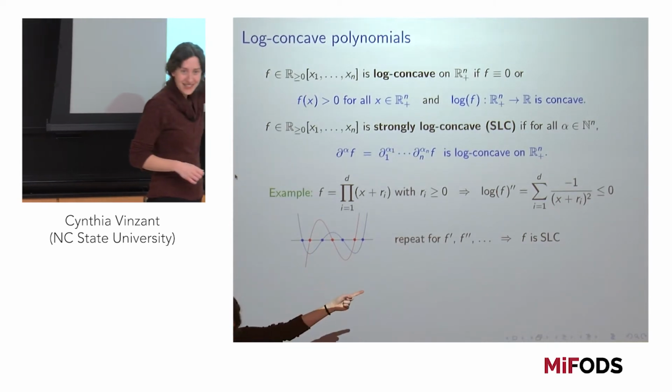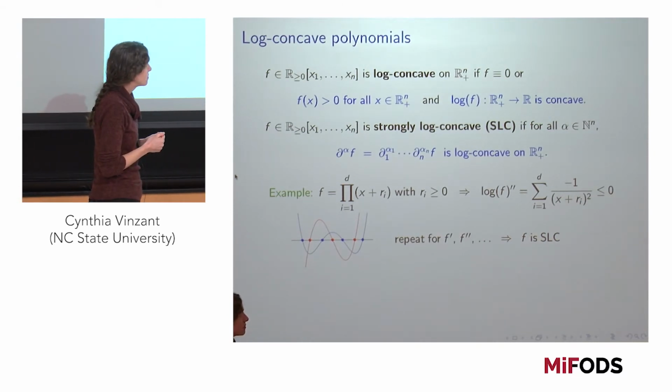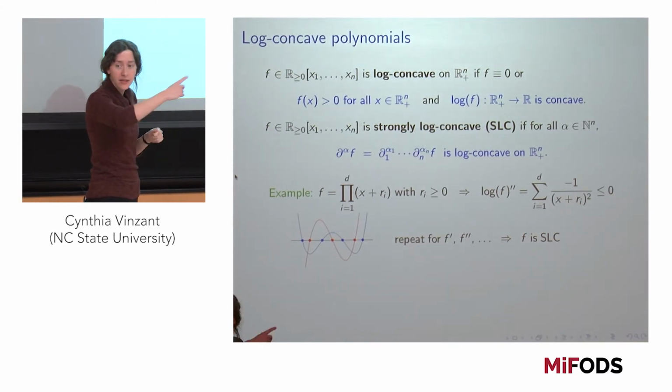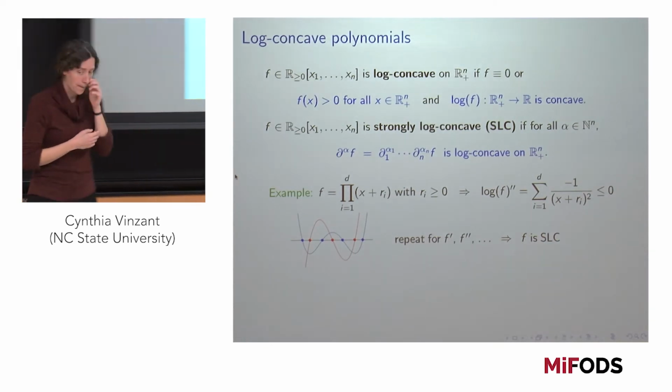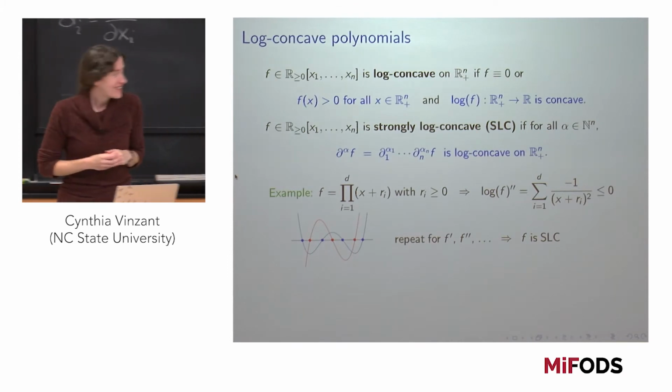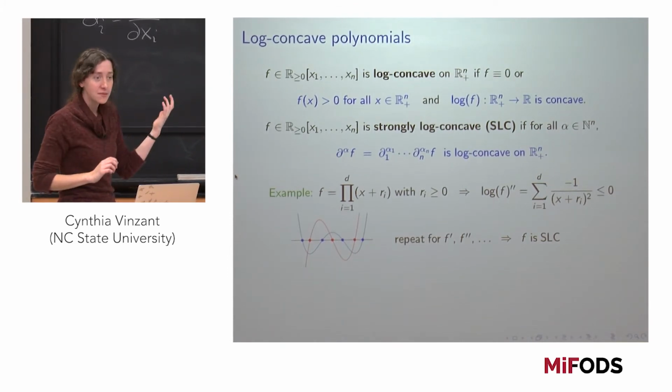And I can do the exact same computation, and I again see that the log of f has to be concave as a function on the positive real line. So if you keep going, this will be true for all the derivatives of f, and so it has to be strongly log-concave.